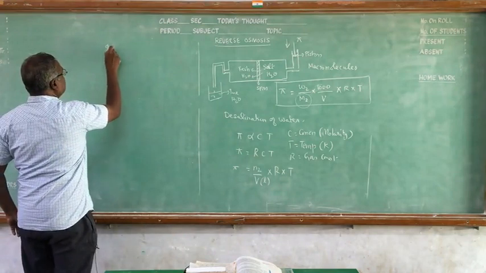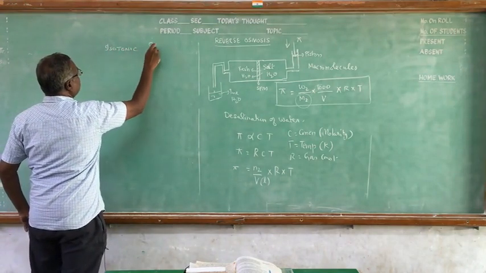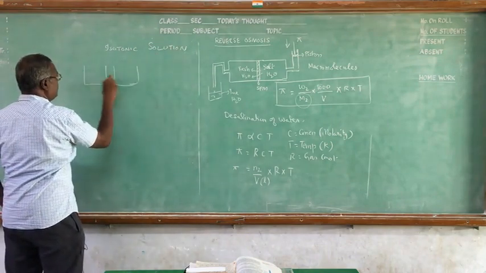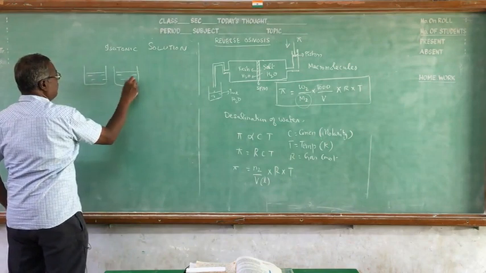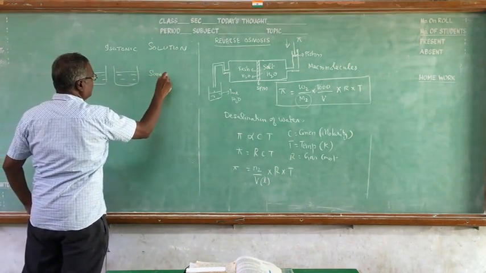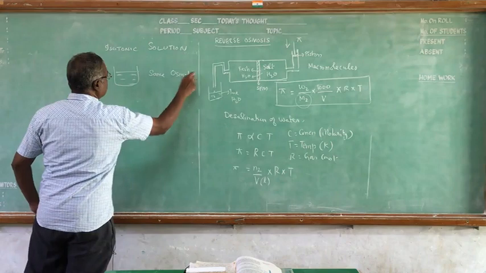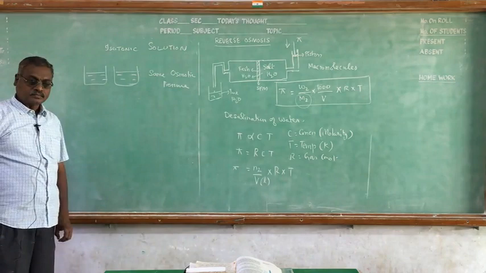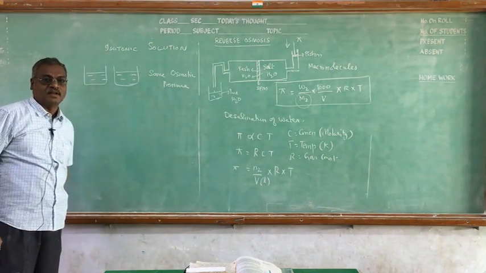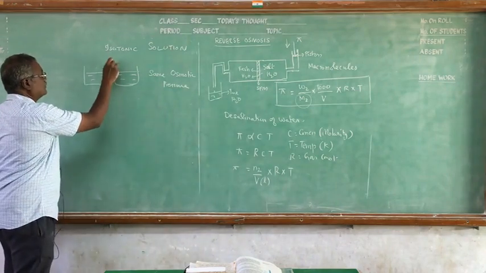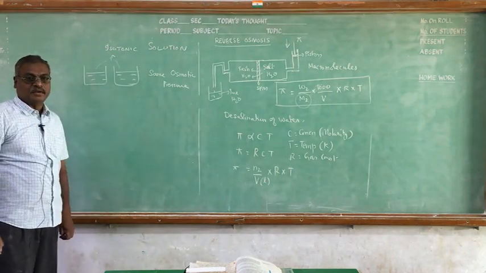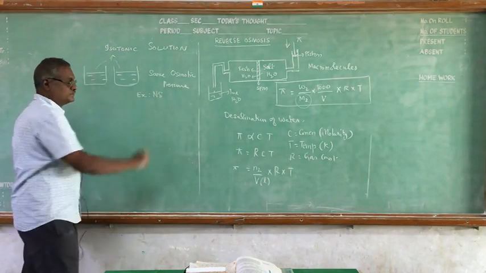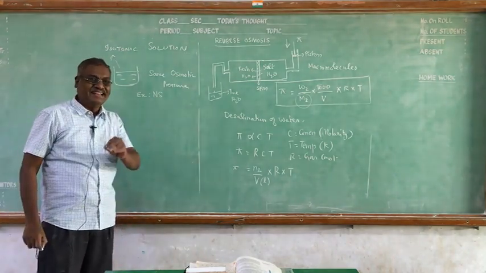One is isotonic solution. I am having 2 solutions having the same osmotic pressure. Then the 2 solutions are known as isotonic solutions. Example, NS. In medical terms they will say NS.